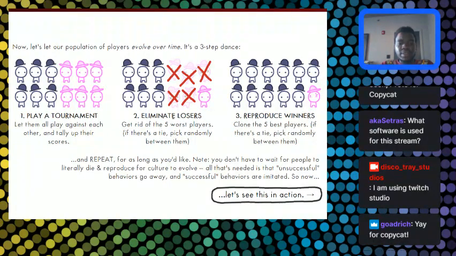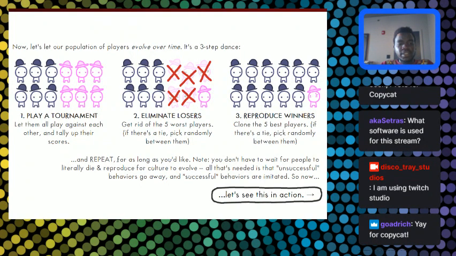Two: eliminate losers. Get rid of the five worst players. If there is a tie, pick randomly between them. Three: reproduce winners. Clone the five best players, and if there is a tie, pick randomly between them.